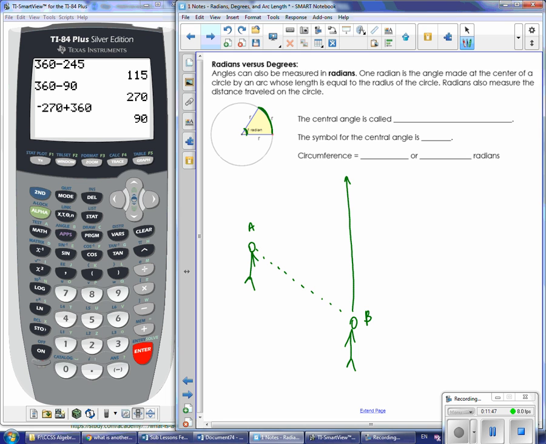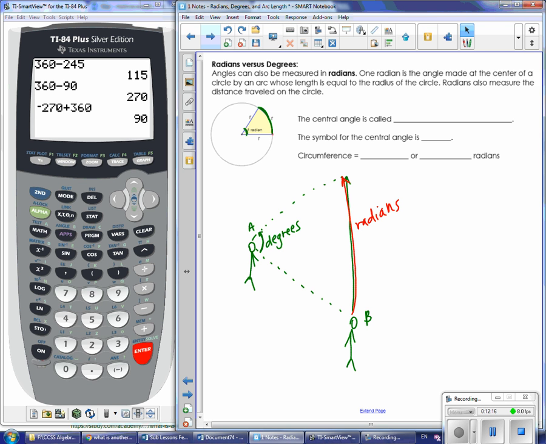Now, if student A moves nothing but his head, it's going to have to rotate to follow student B to the second position. This part of the angle is what we would usually measure in degrees. This part of the angle is what we would measure in radians. If you think about it, it's measuring the same quantity, but just looking at it from a different perspective.